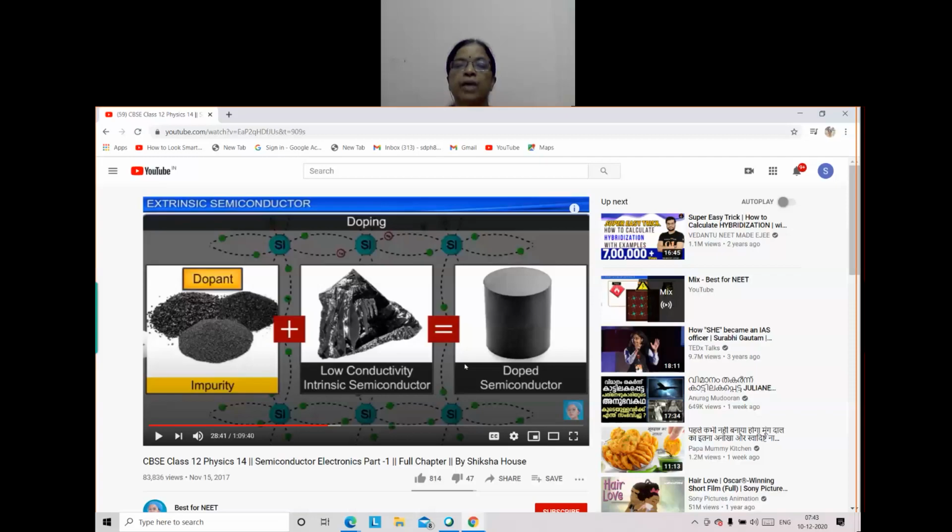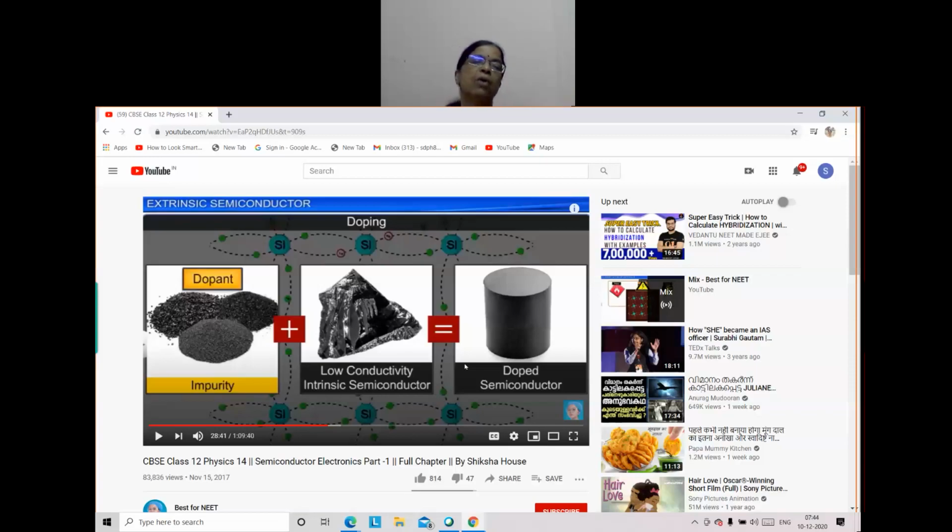It is having 4 valency in between them. So, the atomic size of pentavalent and trivalent will be almost the same. So, similar type atoms should be added. That is one important thing when you add the impurity: the size should be almost equal to that of the intrinsic semiconductor, that means germanium or silicon.